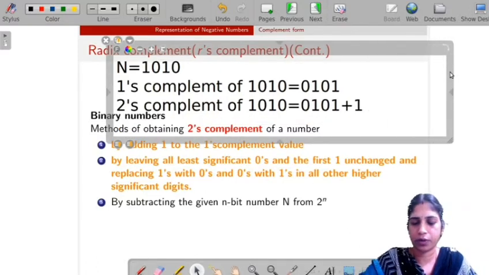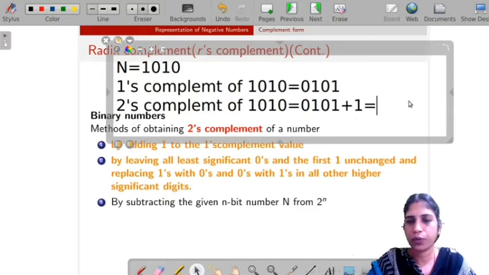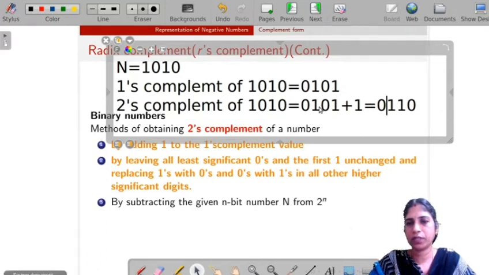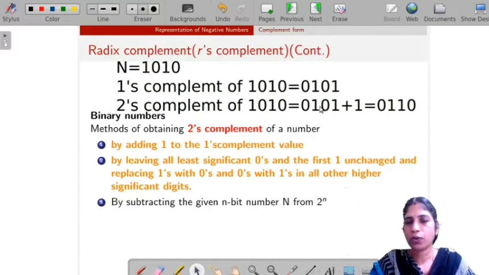So 1 plus 1 is 0, and when we add 101 plus 1, we get 110. That means the answer is 0110, the next number after 0101. So the 2's complement of 1010 is 0110.